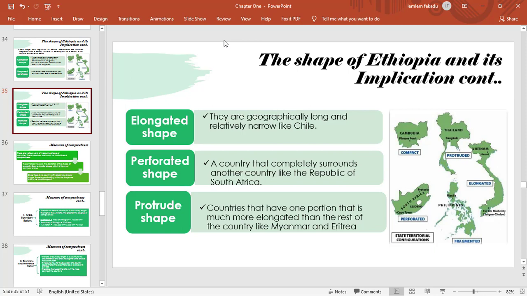Perforated shape countries are a country that completely surrounds another country, like the Republic of South Africa. It completely surrounds other countries, Lesotho and Switzerland. So such a shape has disadvantages.